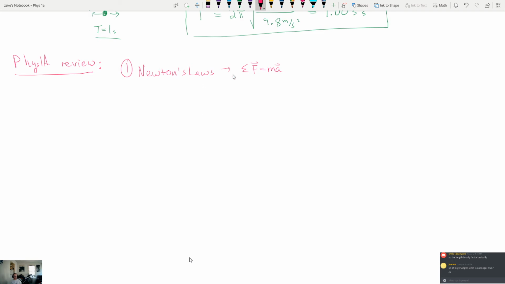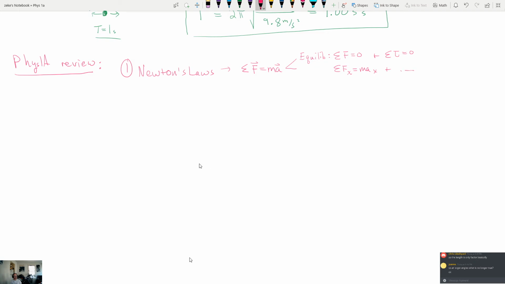Now, there are special cases of this, and I would say there's basically 3 special cases. There's the case of equilibrium, which is the case in which the net force acting on the system is equal to 0 and the net torque acting on the system is equal to 0. That's a special case of this equation. There is the translational motion version of the equation, where you turn it into net force in the x direction is equal to ma_x, and so on and so forth.